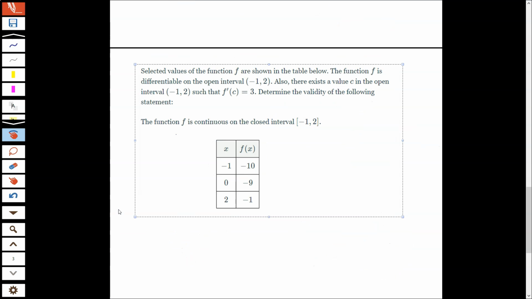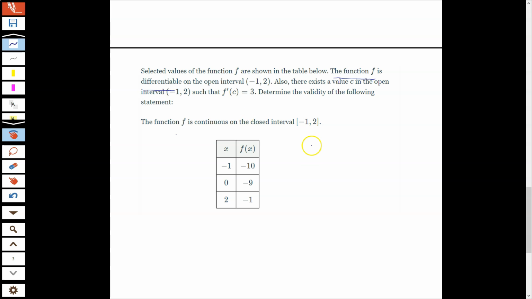And here we have this last case. Let's take a look at what it gives us. It gives us the function is differentiable and that there exists a value c in the interval such that f prime of c equals 3. And 3 is the average rate of change. Let's see.